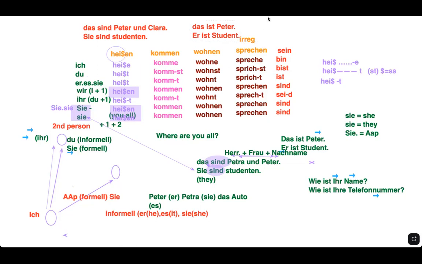No? Same thing goes for das ist Petra. Sie ist Studentin. Which sie is this? This sie, okay?